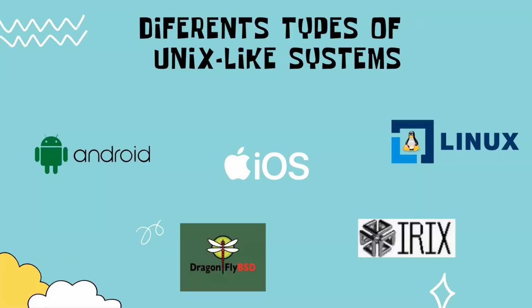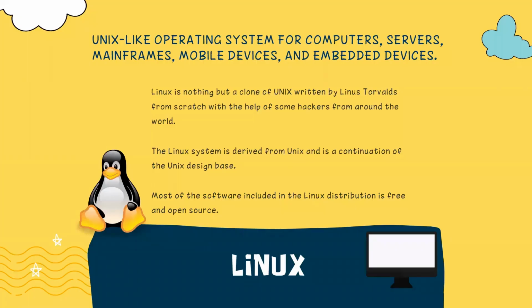Okay, now we can see the different types of Unix-like systems. The first is Linux, an operating system for computers, device manufacturing, mainframes, mobile devices, and embedded devices. Many people confuse Unix with Linux, but it's not the same.